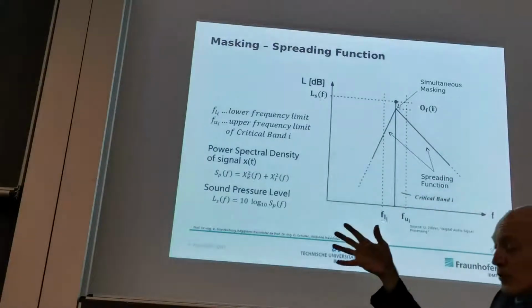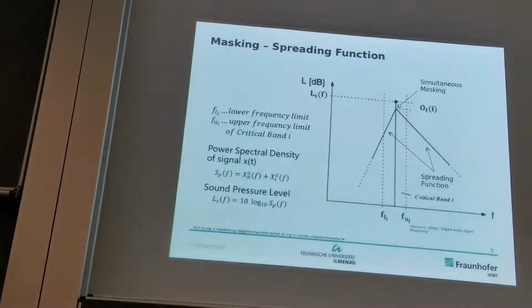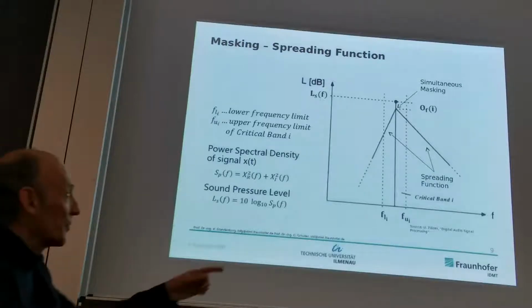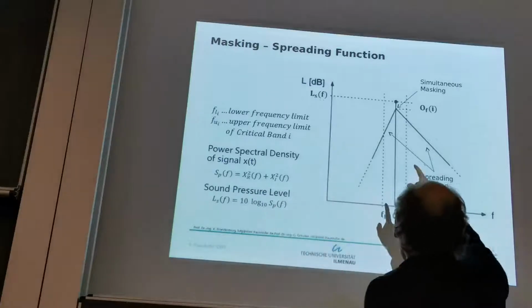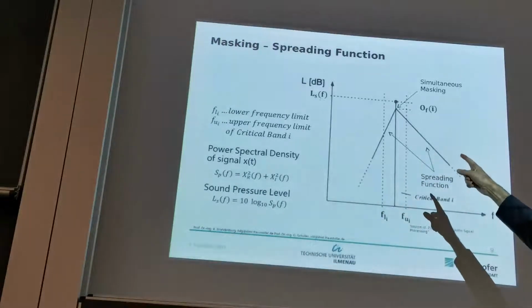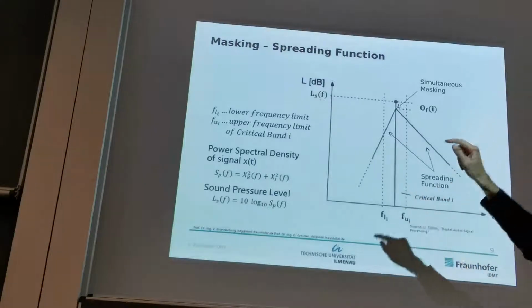So when you have a tone, then you can imagine that the ear is busy with this tone, and if you have another weaker tone at the same frequency, then it's hard to hear if there's another weak tone, right? Because the ear is already kind of saturated with this tone. And this is shown here with the simultaneous masking. So the tone goes up to where we have this dot.